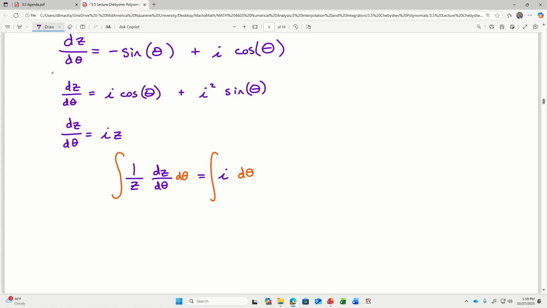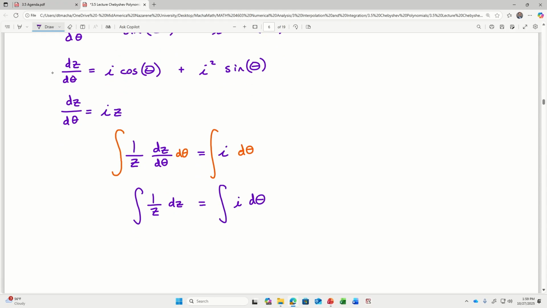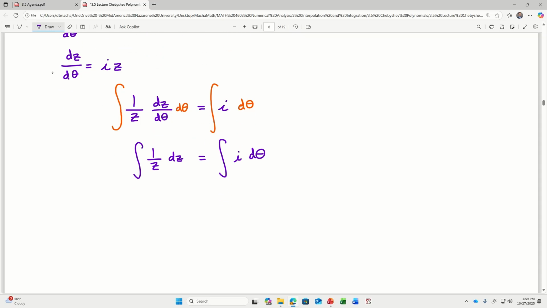Whenever I have the antiderivative of 1 over z dz d theta, this is the same thing as the antiderivative of 1 over z with respect to z. And if I take the antiderivative of 1 over z, that gives me what?